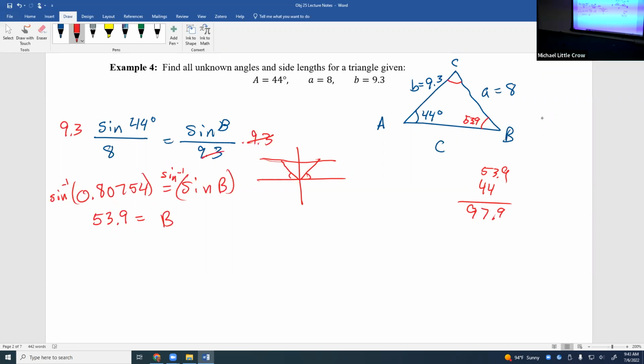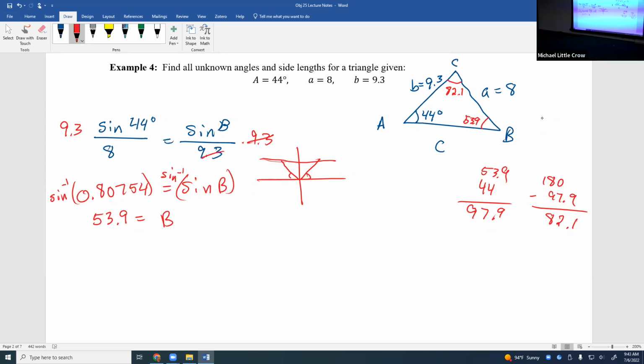Then we take 180 minus 97.9, and that's going to be 82.1. So there's one solution, and then we can find C.